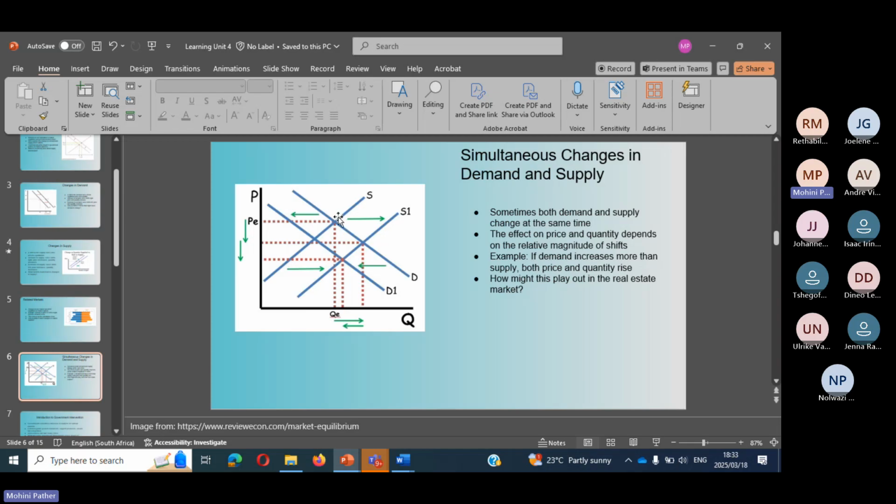Why? Because anything above the equilibrium point indicates that we are supplying above QE, and the people are only demanding below QE. So we've pushed an excess supply into the market, which has a very negative impact on our price.